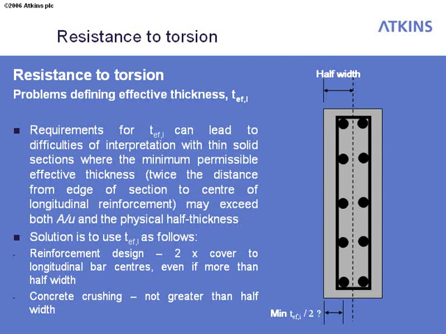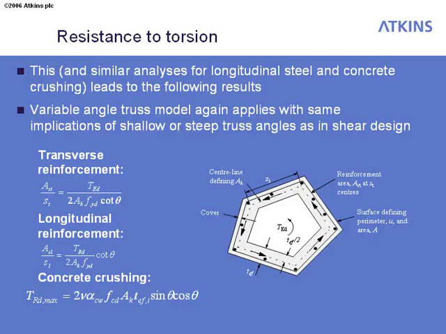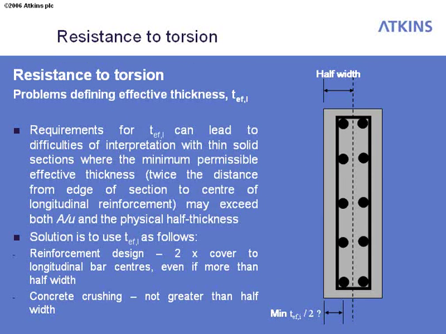When we're checking concrete crushing, so we come back to TRD max, we will get a complete nonsense if we put an effective wall thickness into that equation which is bigger than the physical wall thickness, because we will have too much concrete there and too much resistance. So when we check TRD max, we have to use an effective thickness limited to the physical wall thickness, which is basically half the thickness of the beam.